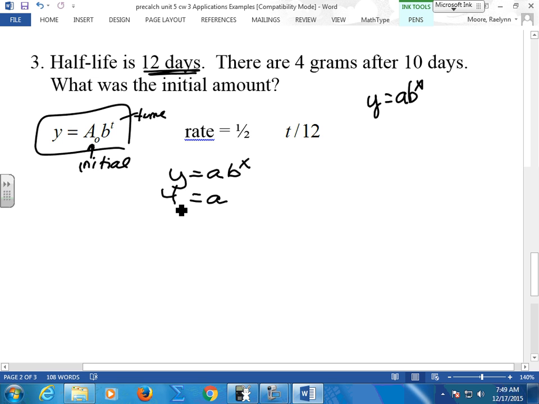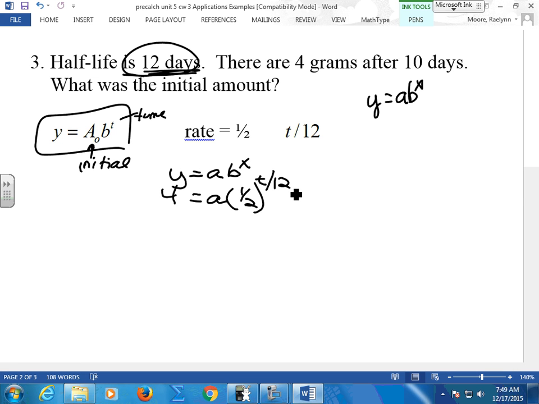This is a half-life, so therefore this is decreasing, right? We're in decreasing mode. What's my rate? 1/2. And my time would be T. But what do I have to do here? Over 12. At every 12 days, there's my cycle. My time is decreasing every 12 days.